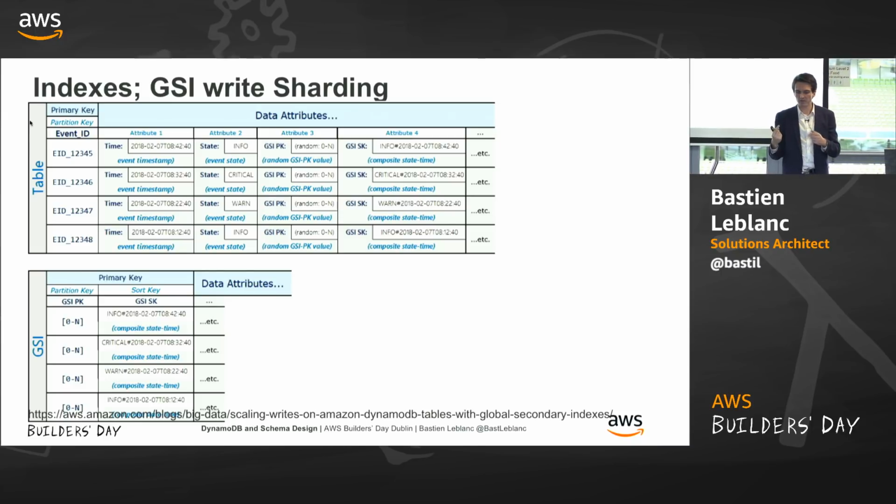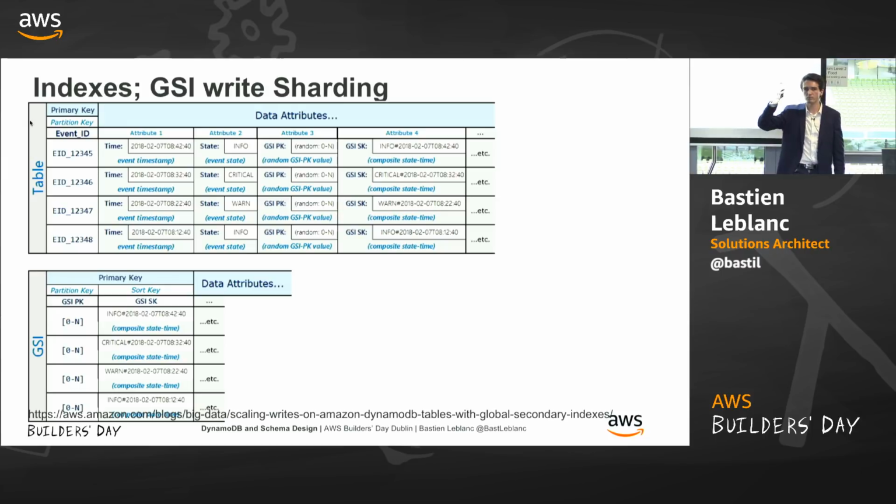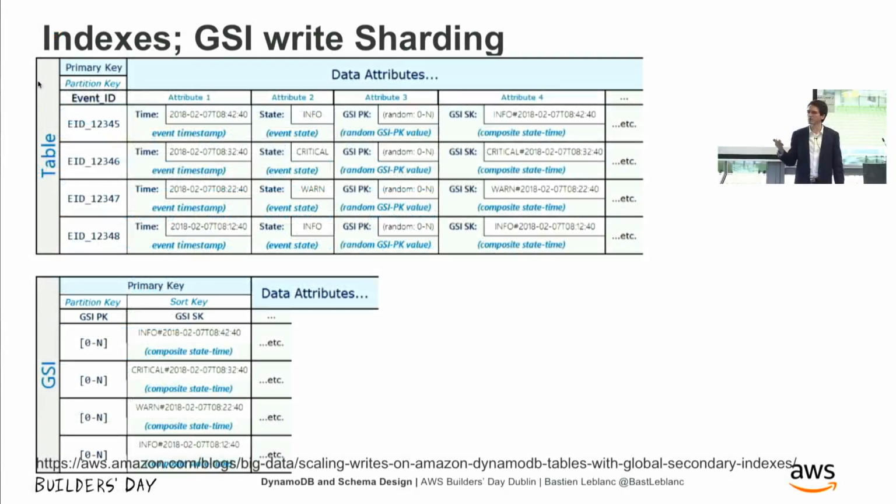So if you have a very heavy write in one table, you can end up having quite significant delay here if you don't do this kind of trick. Yeah, it's kind of a trick to spread more load on more partitions.